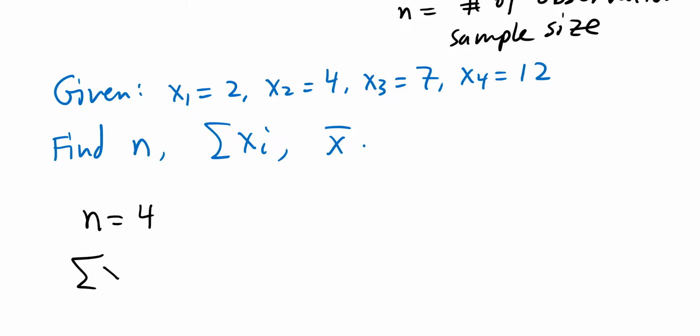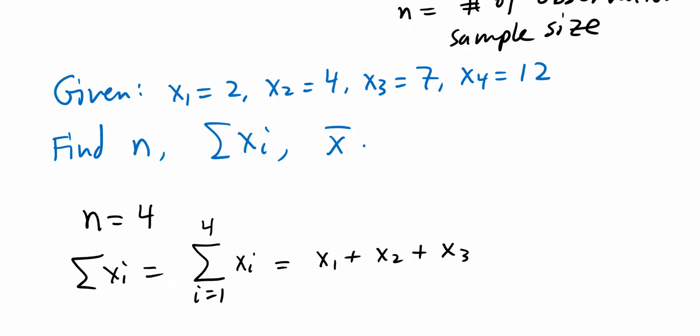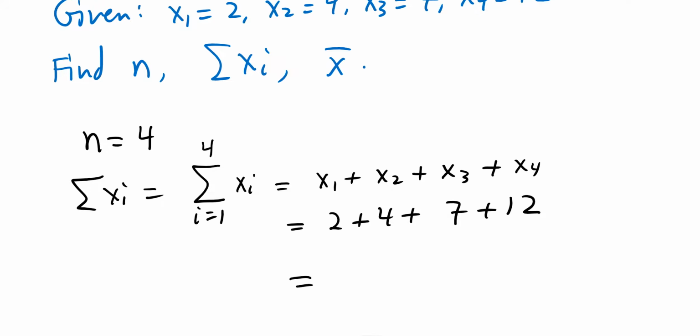The sum of xi, i goes from 1 to 4. There's only 4 of them. So that's basically x1 plus x2 plus x3 plus x4. x1 is 2, x2 is 4, x3 is 7, and the last one is 12. And that gives us 25. So that's the sum we were looking for.